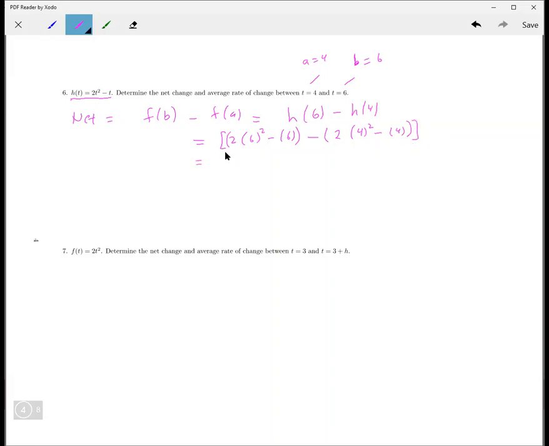And let's see, this is 2 times 36, that's going to be 72 minus 6. And then this is 16 times 2, that's 32 minus 4.